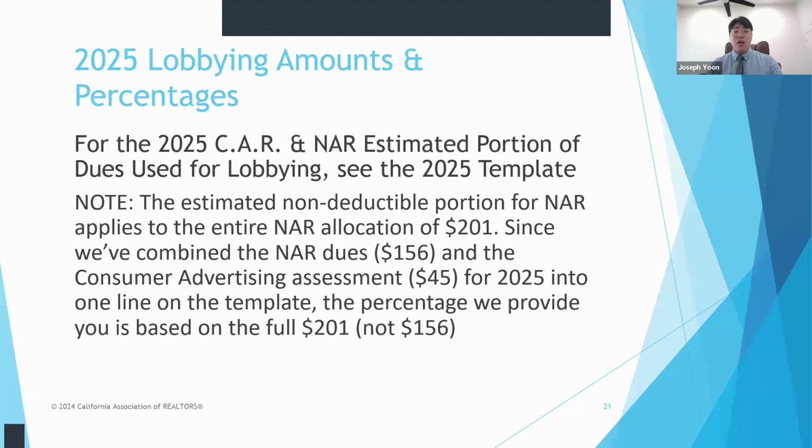I know NAR and maybe some local associations may want to separate the NAR allocation and the assessment. So if you do, which is fine, just make sure to update that NAR percentage. It's going to be reduced, right? If you go with the 156 strictly allocation portion.